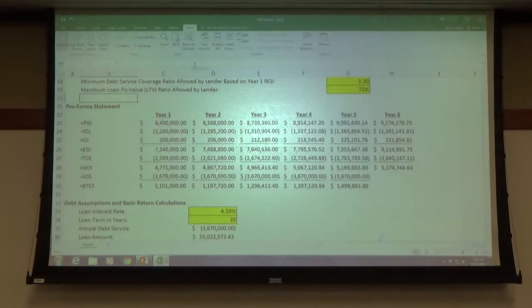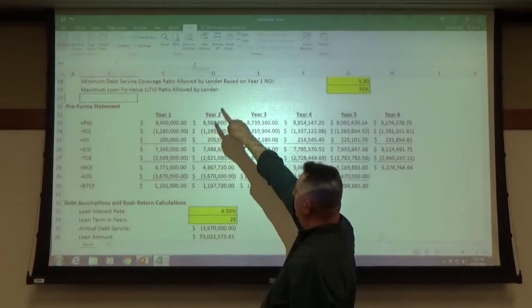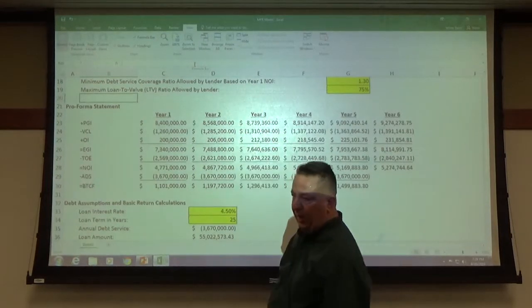Let's just start off. The NOI for that year is $4,771,000. If you read what I wrote up there, minimum debt service coverage ratio allowed by lender based on year one NOI.